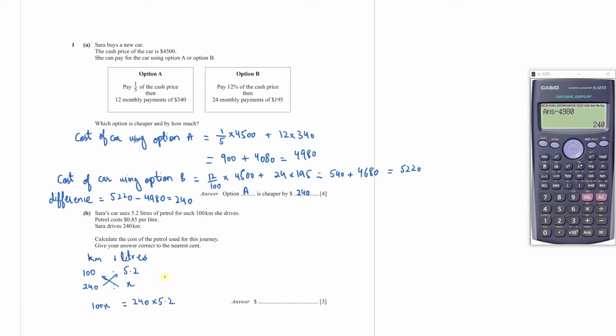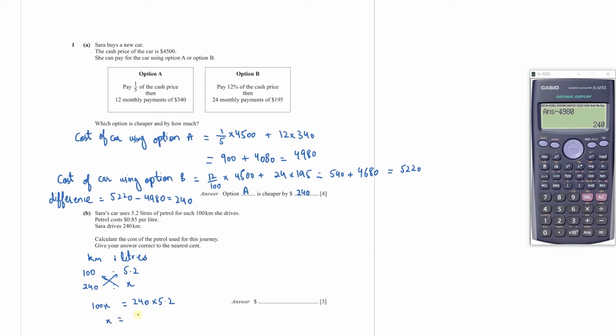You can also use the unitary method, where you first find how many liters are used for 1 kilometer. So if 100 is 5.2, then 1 would be 5.2 over 100, and then for 240 you will multiply this by 240. That will also give you the same answer. So you can use either of the two methods. I'll use this one.